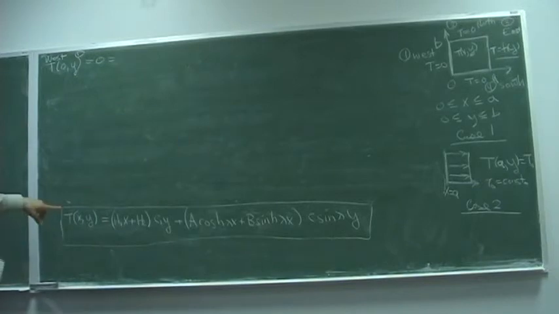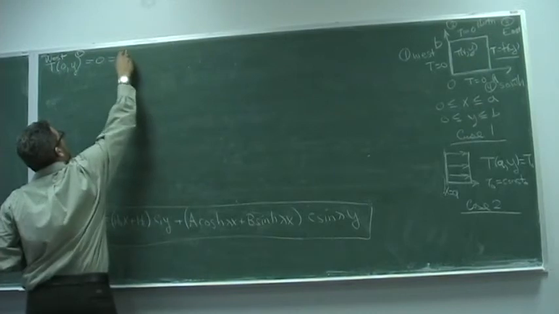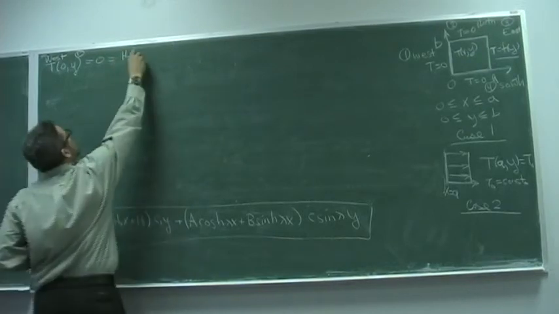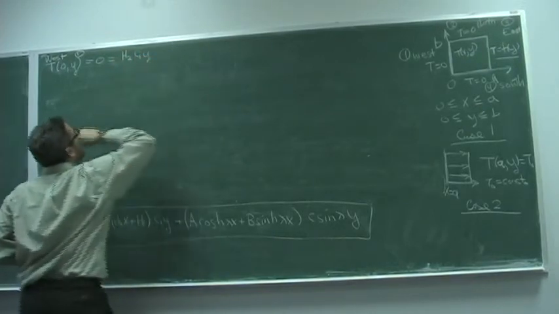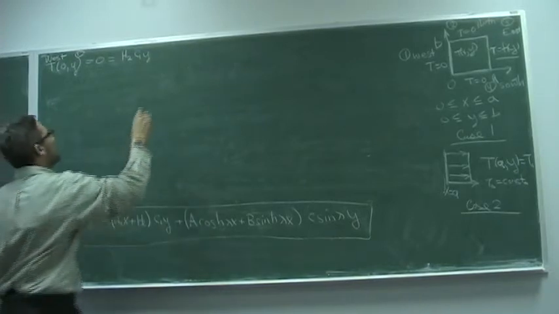So if we apply x being 0, then we just get h2 c1y, okay, plus.